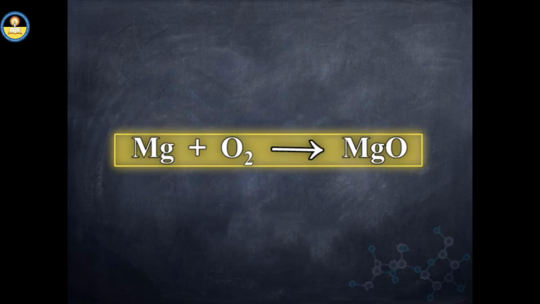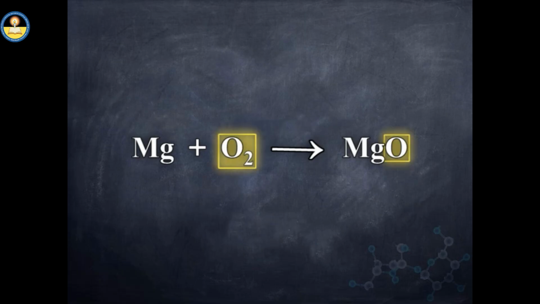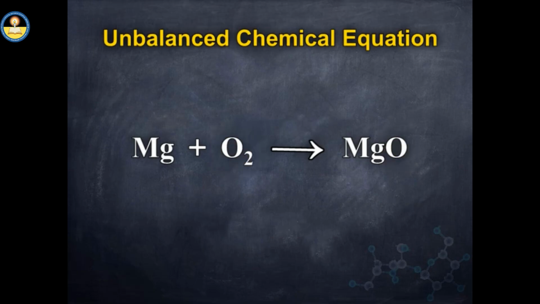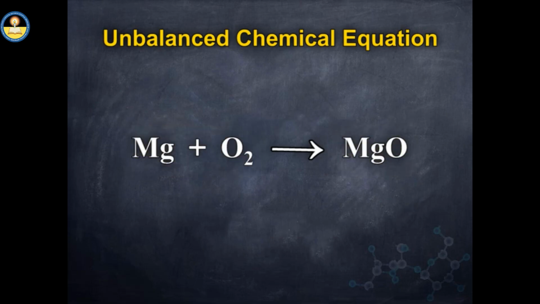In this equation, the number of magnesium atoms on both the sides of the equation is same, that is 1. But the number of oxygen atoms is not equal. This means that this equation is unbalanced because the mass is not the same on both sides of the equation.